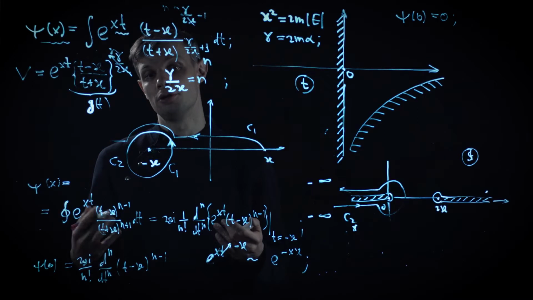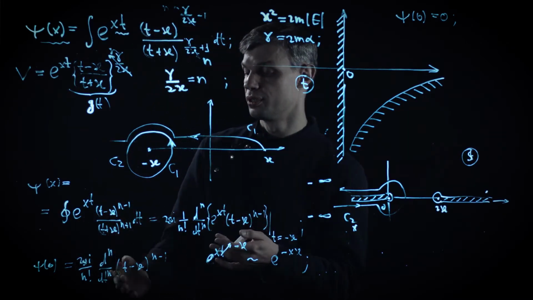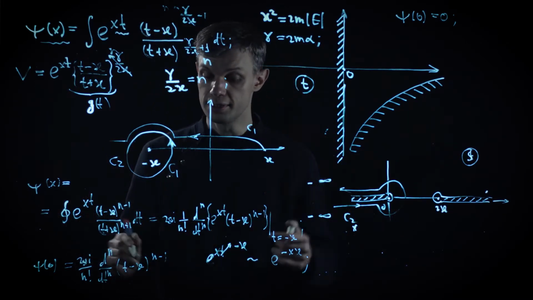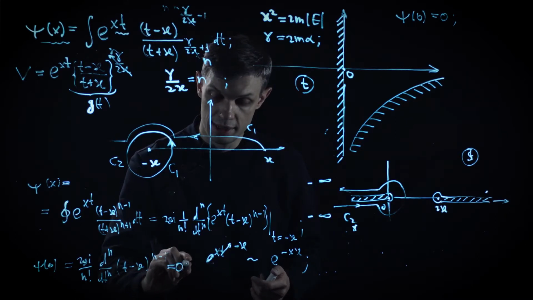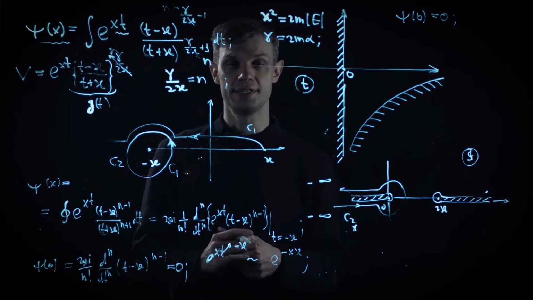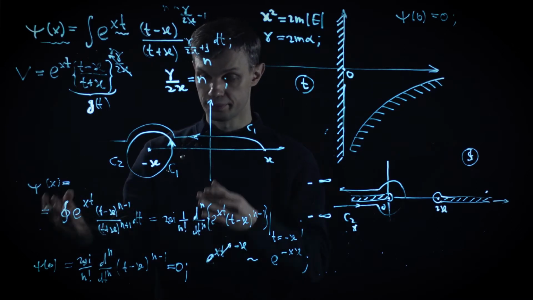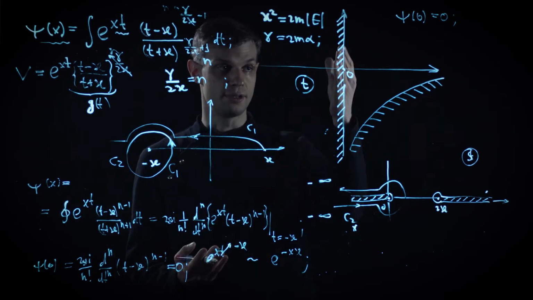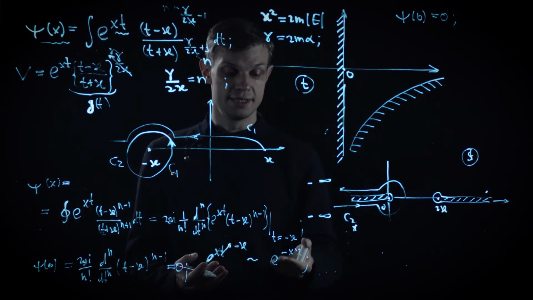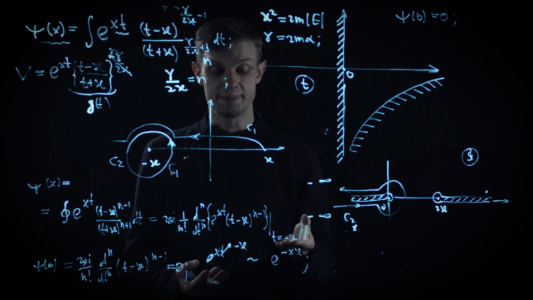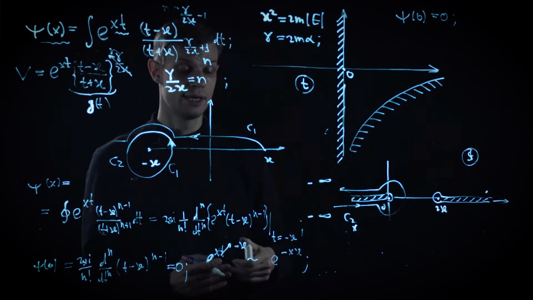But if we differentiate a polynomial of n-1's order n times, we get identically 0. So this is the desired result. Our function satisfies both boundary conditions. It vanishes at the origin, and it decays exponentially at x tending to plus infinity.